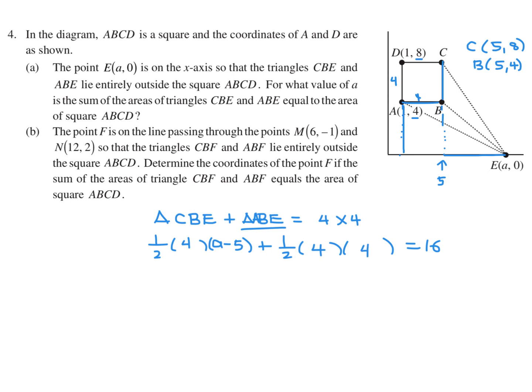Okay, this is 2 times (a minus 5), and that was 16 times a half, which is 8. So 2 times (a minus 5) is equal to 8, and then a minus 5 is therefore equal to 4, and therefore a is equal to 9. So a equals 9 is the answer to part A.